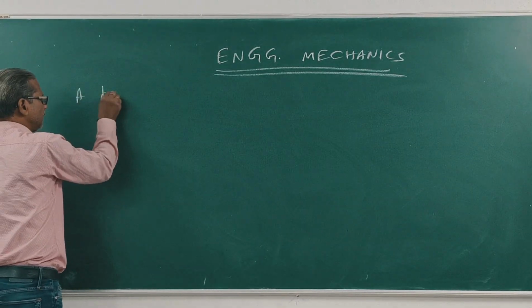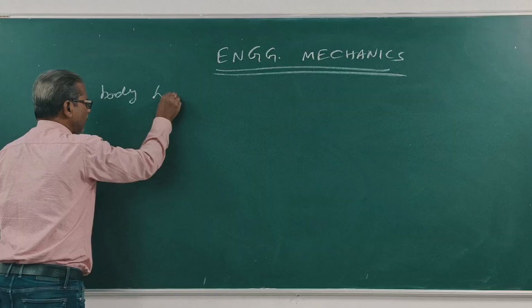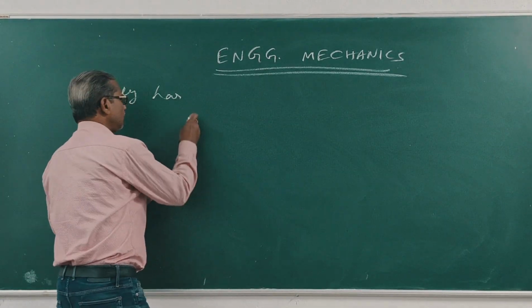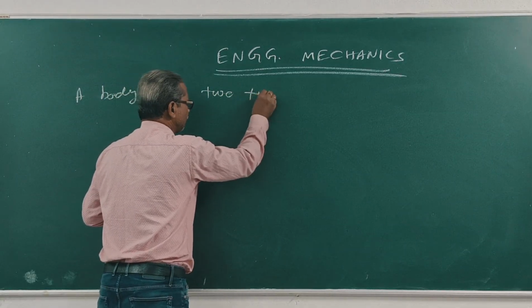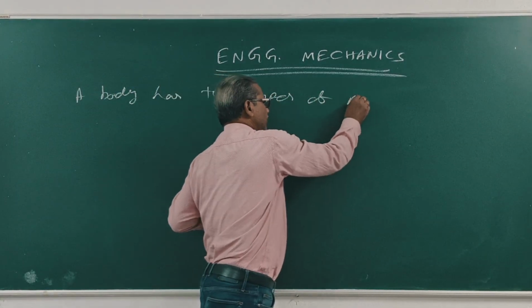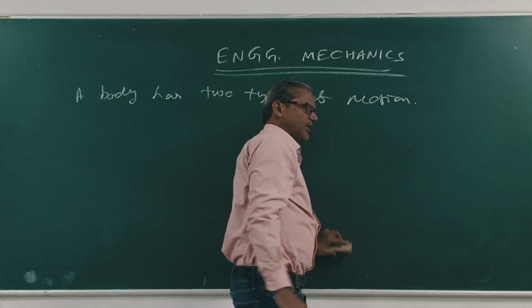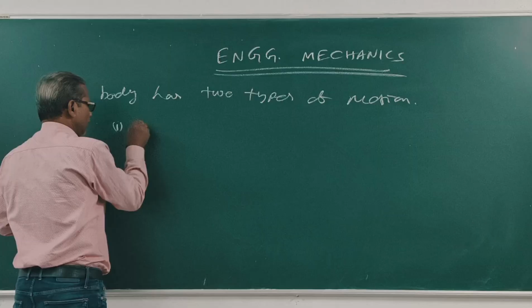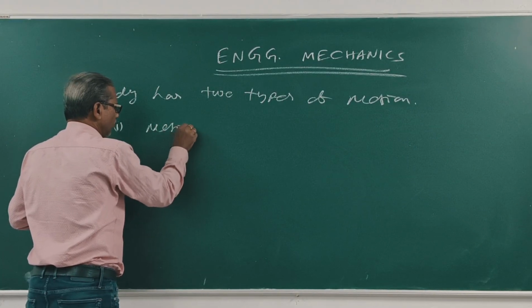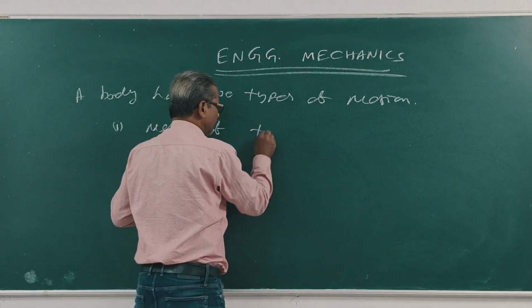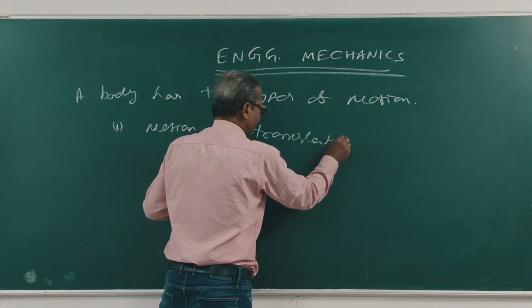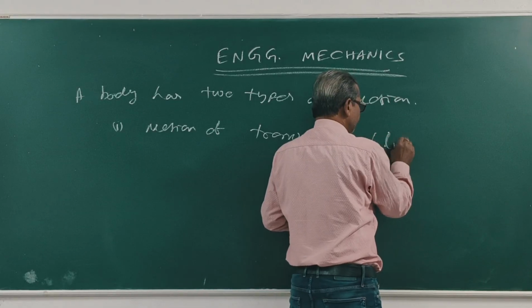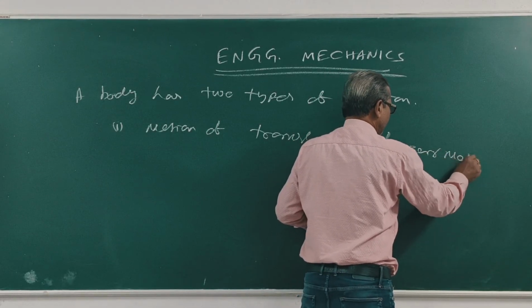A body has two types of motion. Number one, motion of translation, that is linear motion.